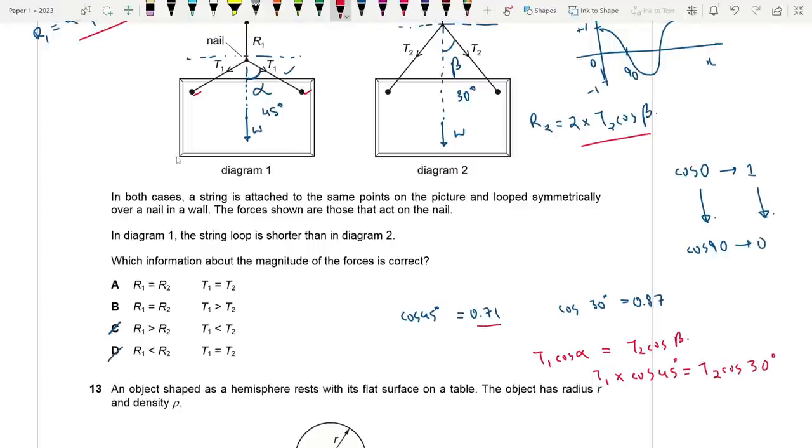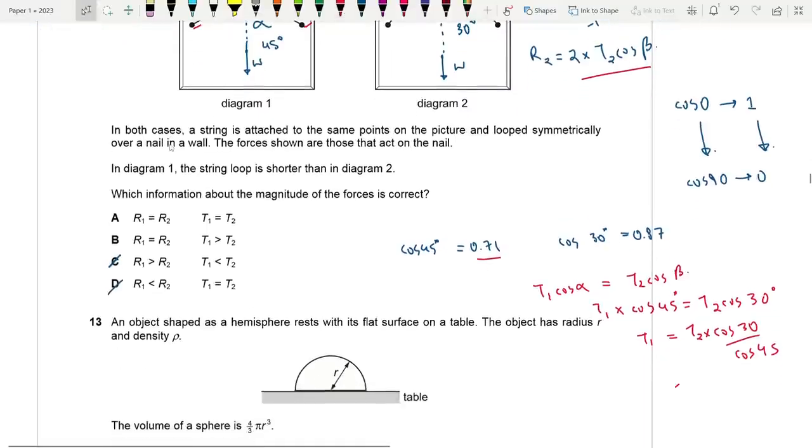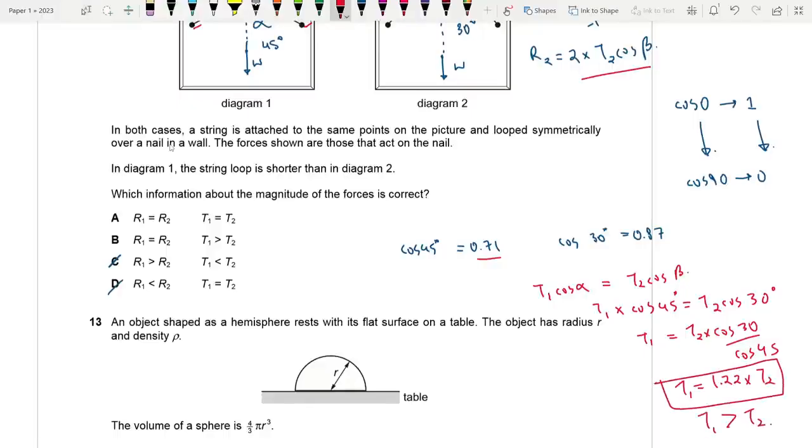So let's do the math. T1 is equal to T2 times cos 30 divided by cos 45. Let's see what we get. T1 is equal to 1.22 times T2. So T1 is in fact greater than T2. That is why B is the correct answer.